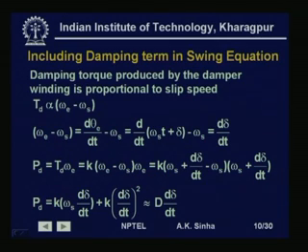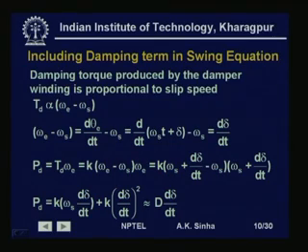So, the damping torque produced by the damper winding is proportional to the slip speed, because the damping torque is produced only when there is a relative motion. Depending on this relative motion, the voltage gets produced, so the voltage is proportional to the relative motion, and since the bars have a constant resistance, the current is also proportional to it, and thereby the torque produced is proportional to this relative motion, which we call the slip speed.